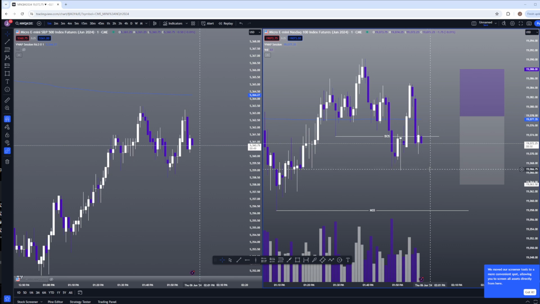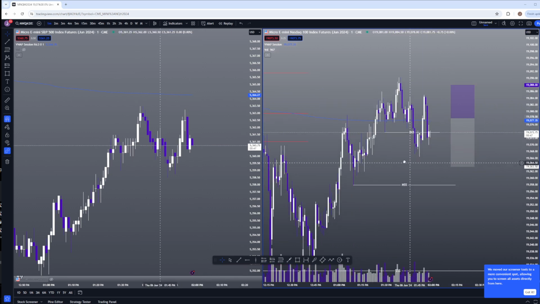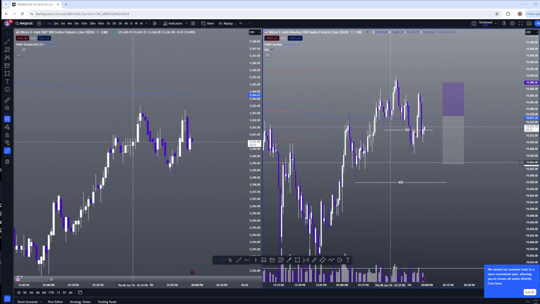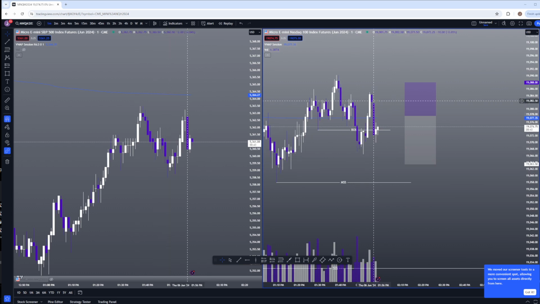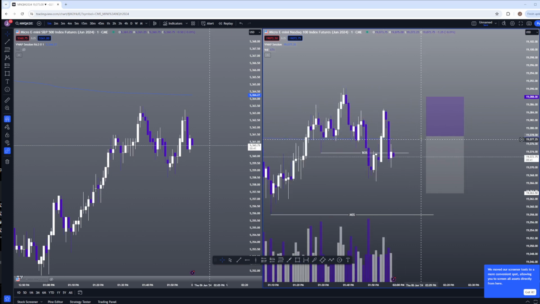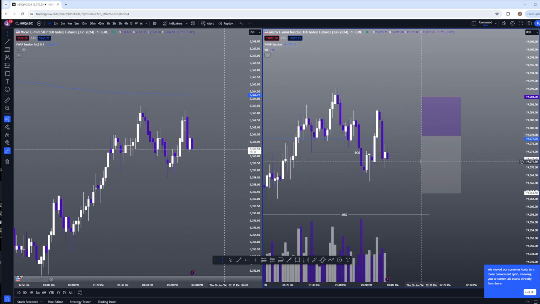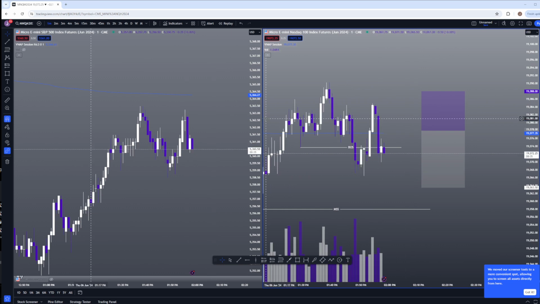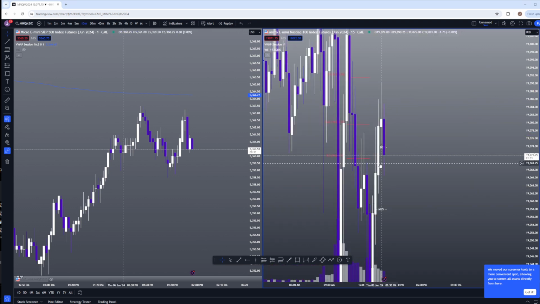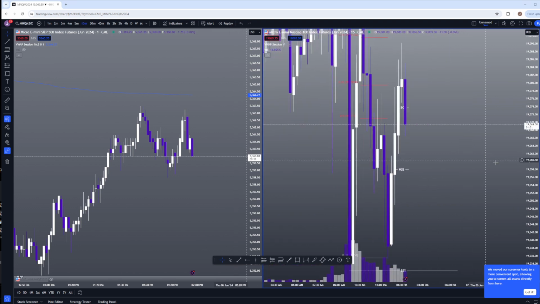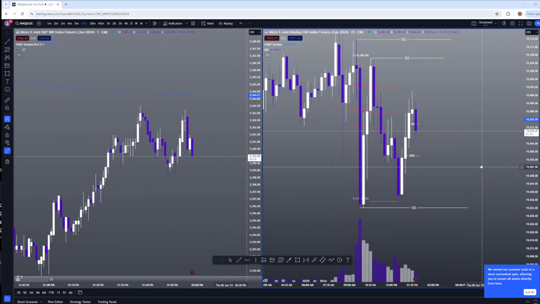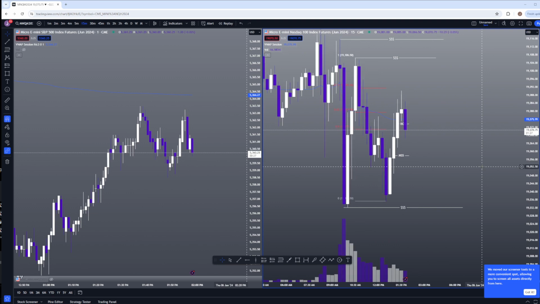So weird structure here. It really looked like we were going to start heading down. We're in a premium, we break structure, being aggressive, come back up. So now we're just kind of sitting in this little accumulation range here. Even the 15-minute looks like it wants to start heading down.